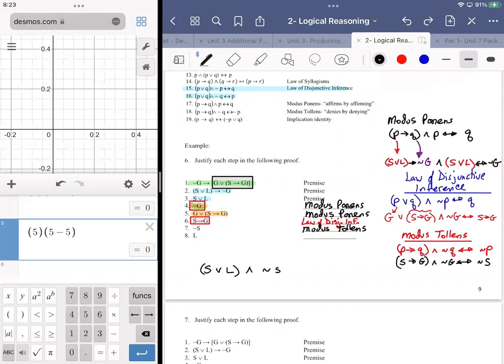Oh, and by the way, I'm not wearing the red shirt. So you're wearing the blue shorts. It's the same idea, but this would be logically equivalent to L, because this is canceling with that. So the law of disjunctive inference would be the justification for that.